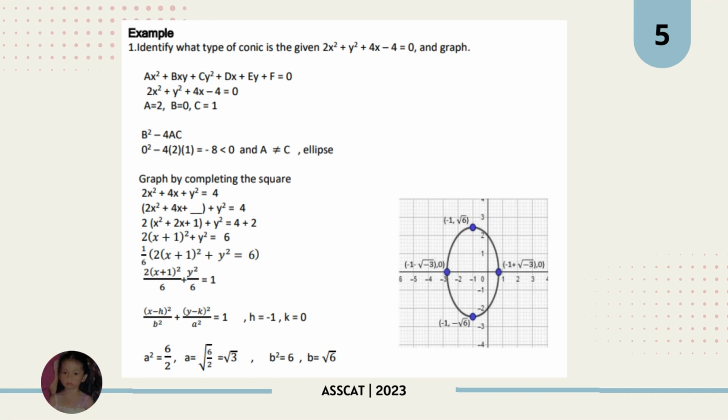And then we got the result: a squared is equal to 6 over 2, and a is equal to square root of 3, and b squared is equal to 6, and b is equal to square root of 6. And then we plot it in the graph.